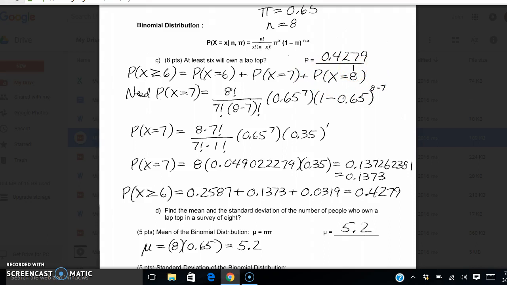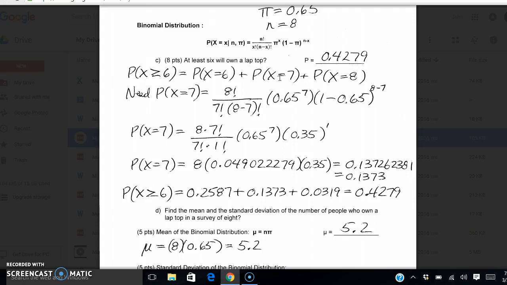And we've already calculated the probability of 6 owning a laptop in section A. We calculated the probability that 8 will own a laptop in section B. So what we need to do here is calculate the probability of 7 owning a laptop, and we'll be able to add the 3 of them together to get the probability that at least 6 will own a laptop.